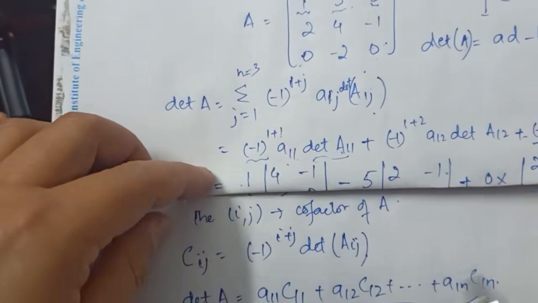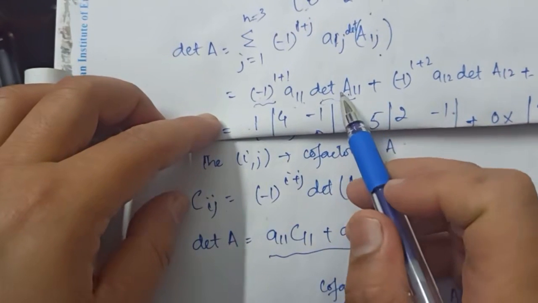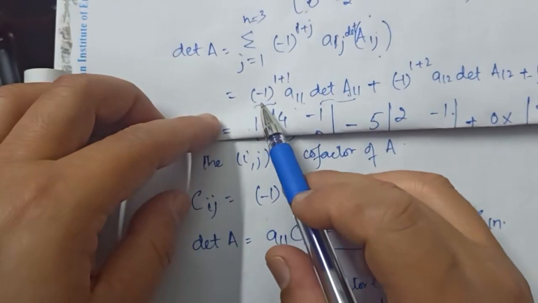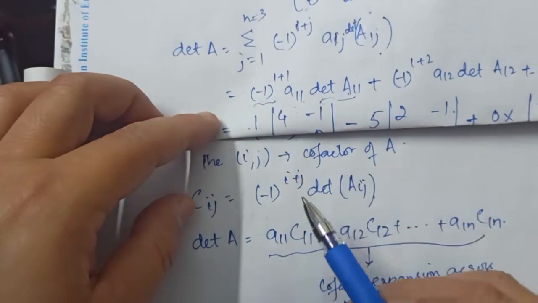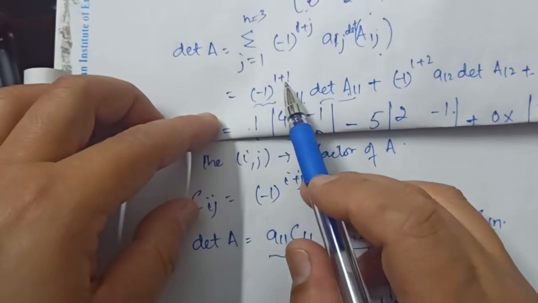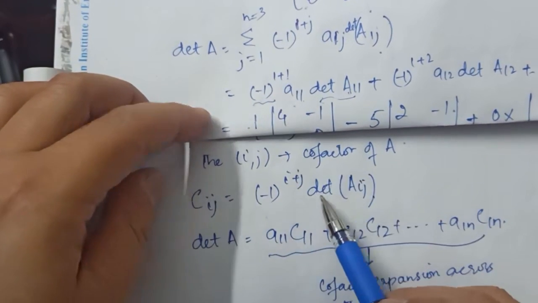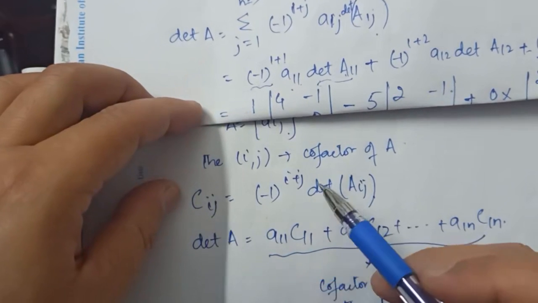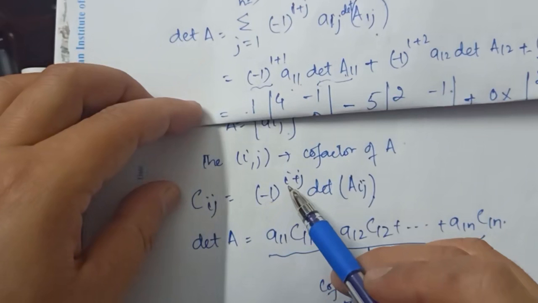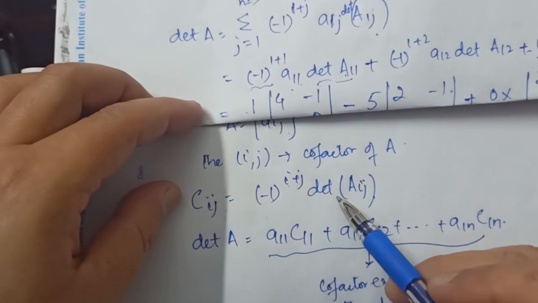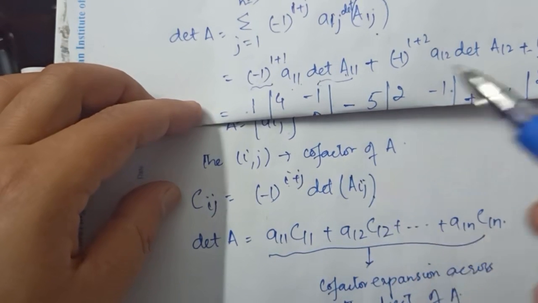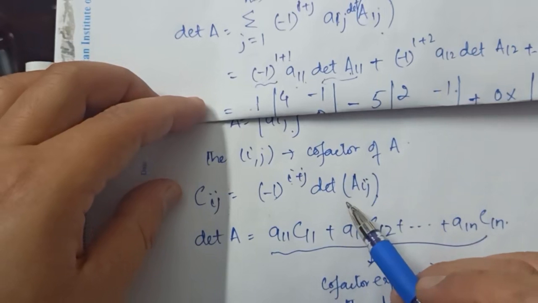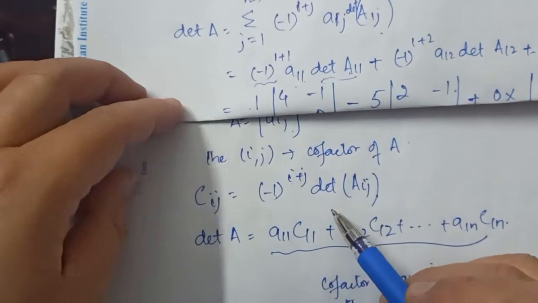So we define, by combining the determinant of Aij and this sign, (-1) to the power of some value, the cofactor ij, which is nothing but (-1)^(i+j) times the determinant of Aij. So you can write the cofactor for any element of the matrix A.